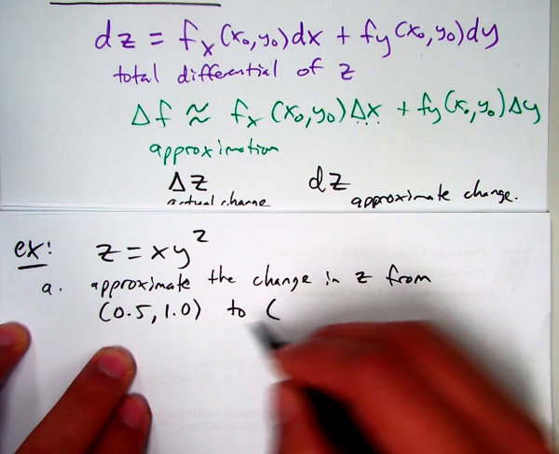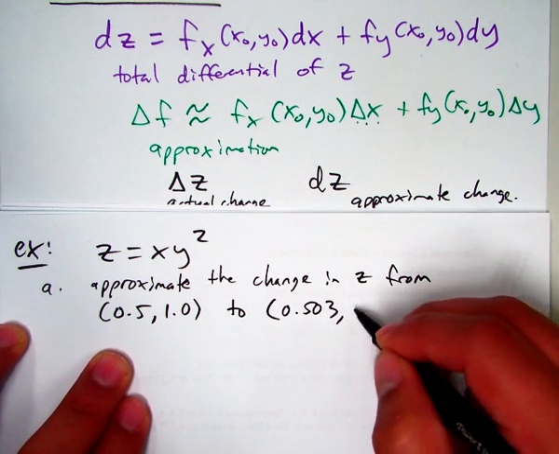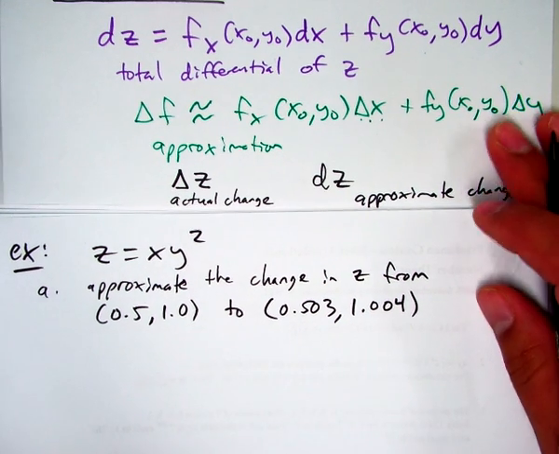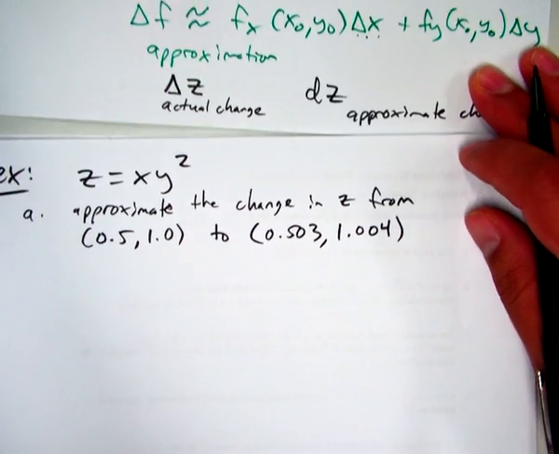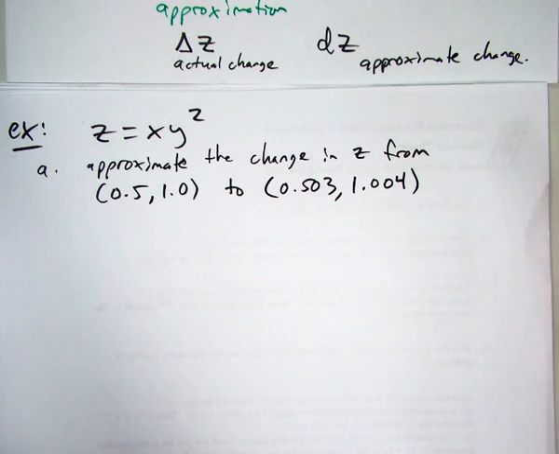If we start there and move to, let's say, 0.503 to 1.004. If you have calculators, you're going to probably use them a little bit here.